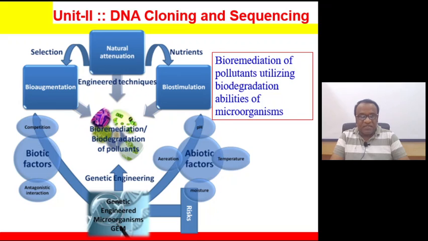So the factors that affect are the abiotic factors, and we have the biotic factors. Under abiotic factors are the pH, temperature, moisture, and aeration. Under biotic factors, we have the competition and then the antagonistic interaction.